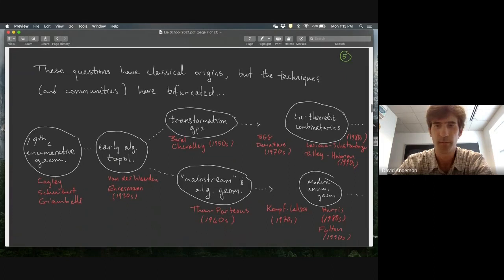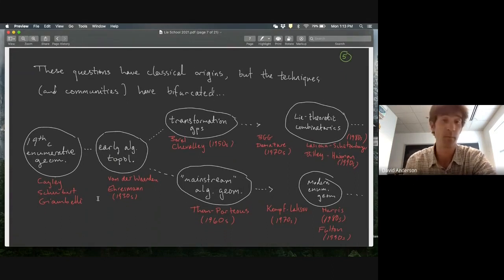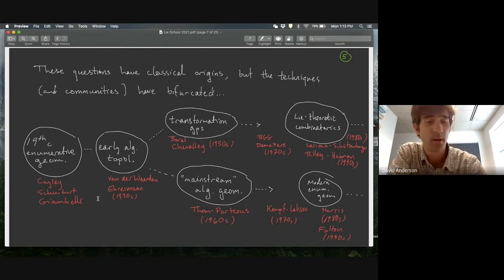So let me give a brief and certainly by no means complete history of the subject. The story started where we started out, in 19th century enumerative geometry, where people considered problems like the one I mentioned: how many matrices in a given family have rank at most r.